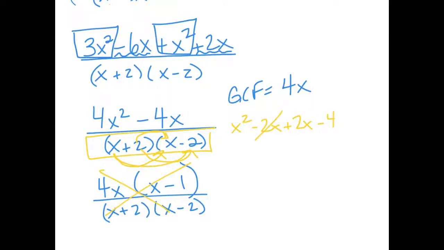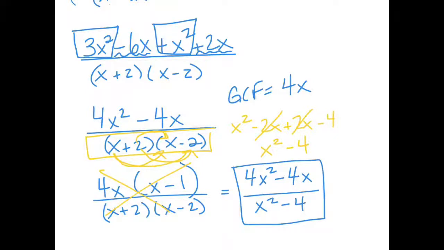Negative 2x plus 2x cancel out because that's going to be 0. So my new denominator is x squared minus 4. That means that my most simplified expression without parentheses is going to be 4x squared minus 4x over x squared minus 4. And that's going to be my final answer.